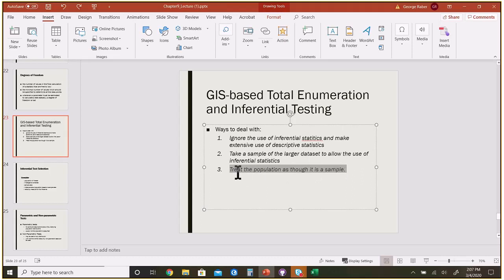So if we have, let's say, a data set that contains all of the observations in Mississippi, and we want to compare it to all the observations in Alabama, if we could make an argument that even though we have the population data, there's some element of randomness that could have created these two distributions in these two states.